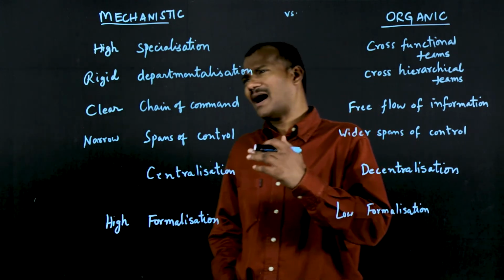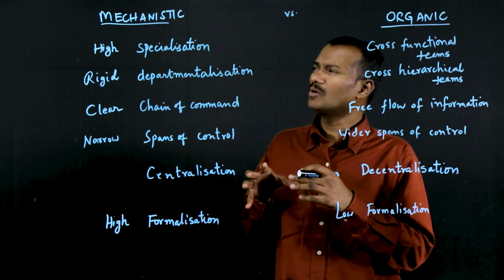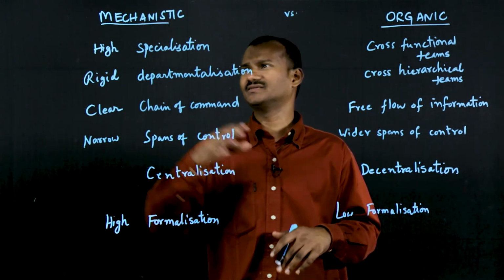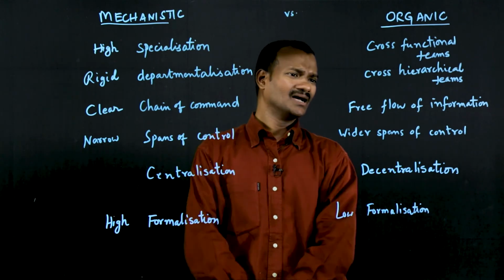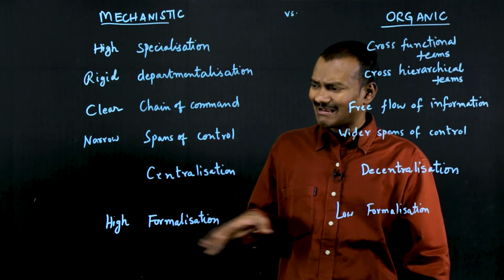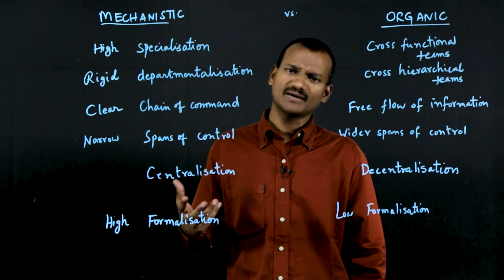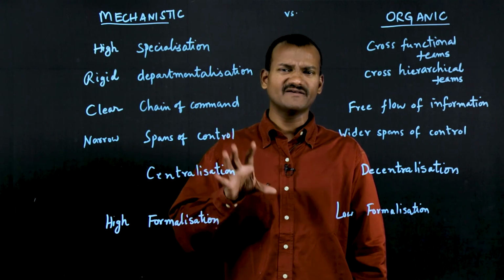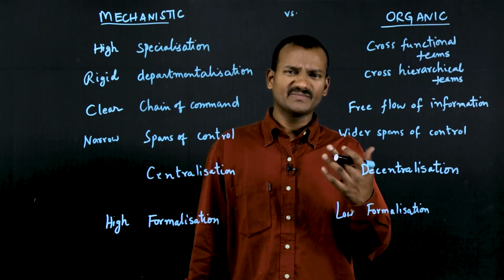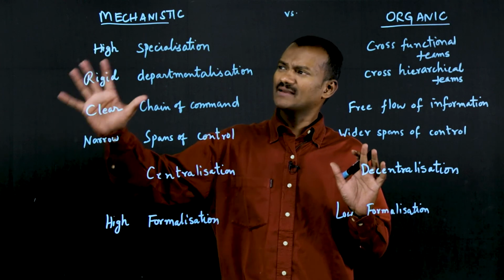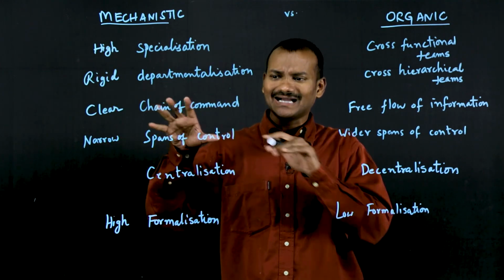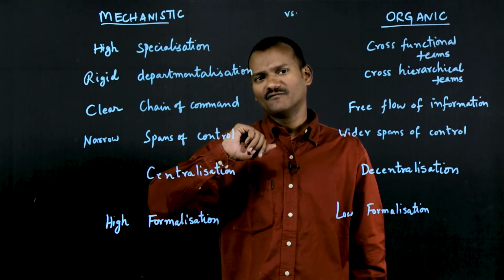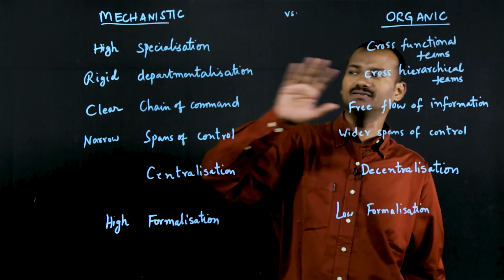Now if you ask me which kind of organizational structure is good, whether mechanistic or organic, I would say in the current scenario, especially when we talk about corporate organizations, because we are not talking about military firms and army and so on, when you talk about private corporates, there is a stream flowing from mechanistic to organic nowadays.